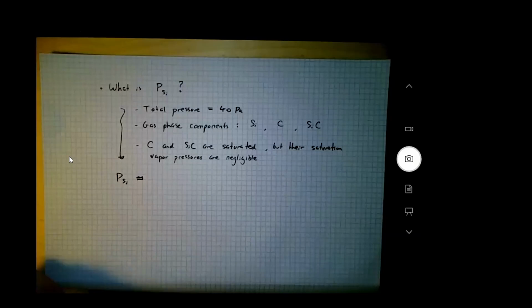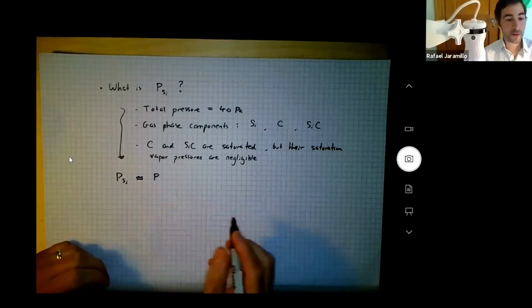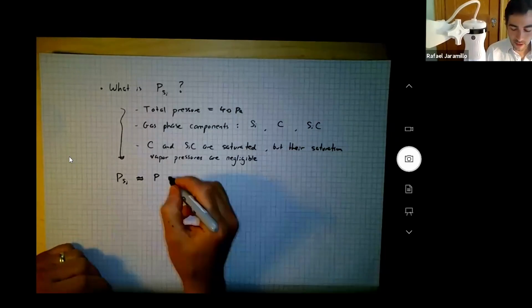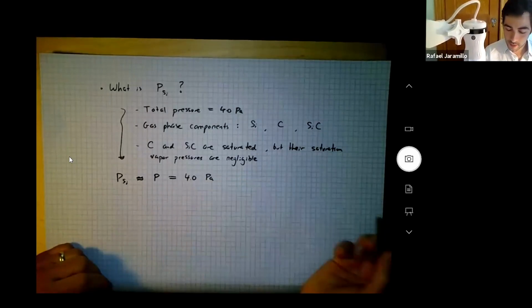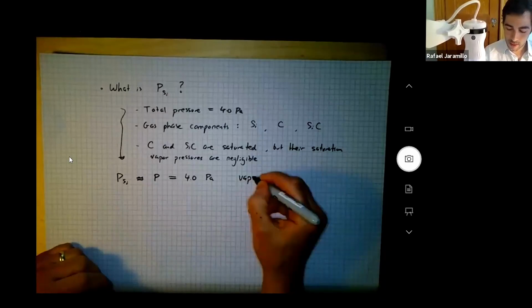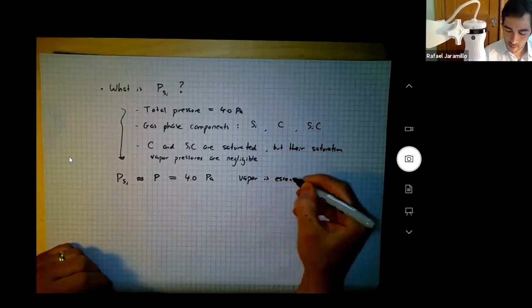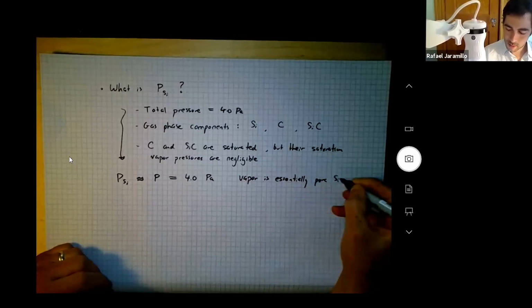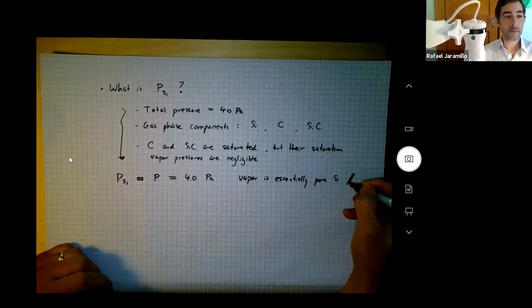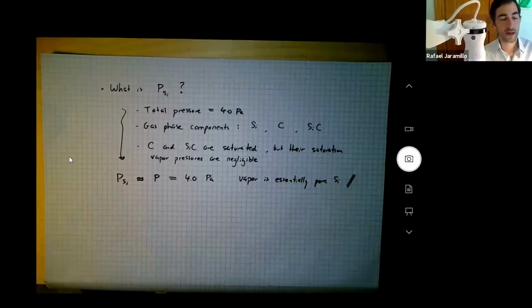Thank you. Yes, that's exactly right. The silicon partial pressure is basically the same as the total pressure. In other words, the vapor is essentially pure silicon. That's the second big intellectual connection you need to make to solve this problem. The first was the change in chemical potential for gases when they're rarefied.